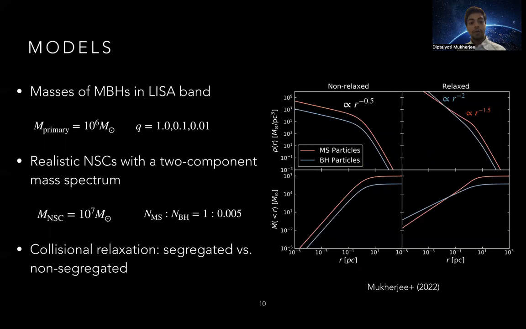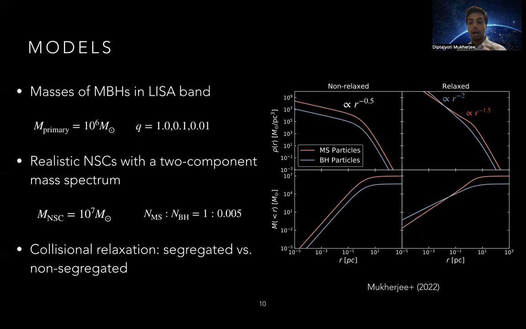Now, when generating the models, we are interested in massive black holes that fall inside the LISA band. So we set our primary mass to be 1 million solar masses, and we generate secondaries with masses of 1.0, 0.1, and 0.01. Now we embed these massive black holes inside realistic nuclear star clusters with a mass function. We don't use any general initial mass function.